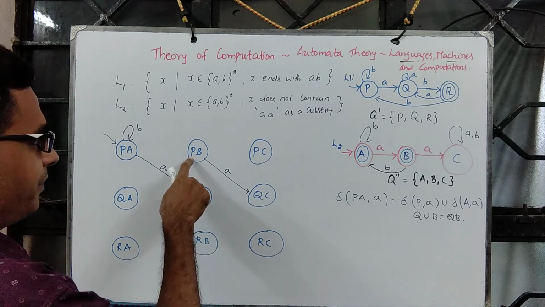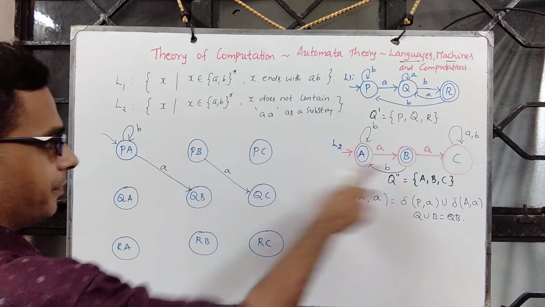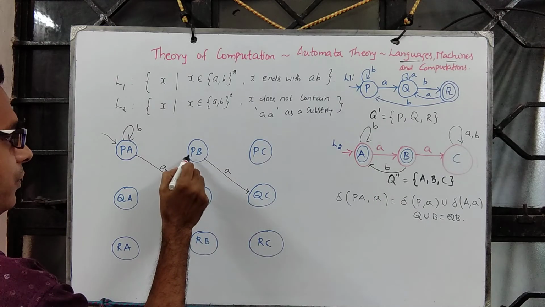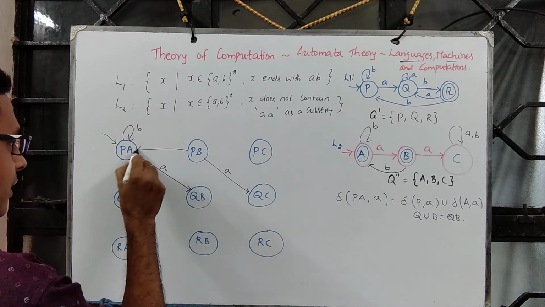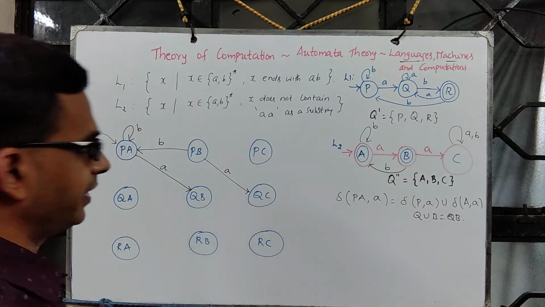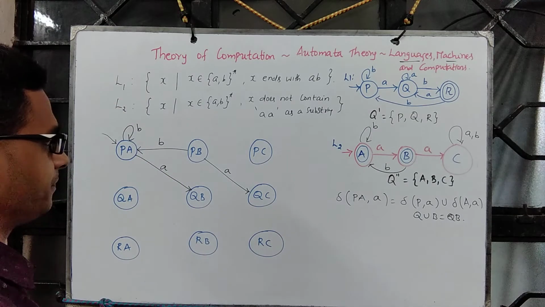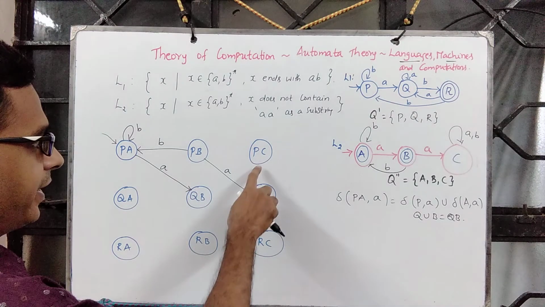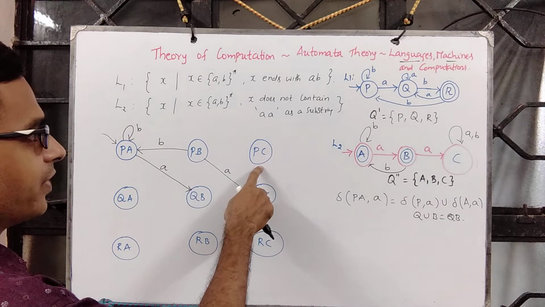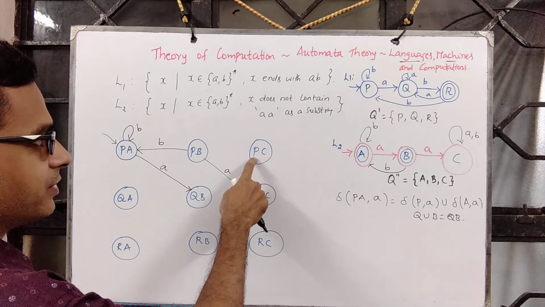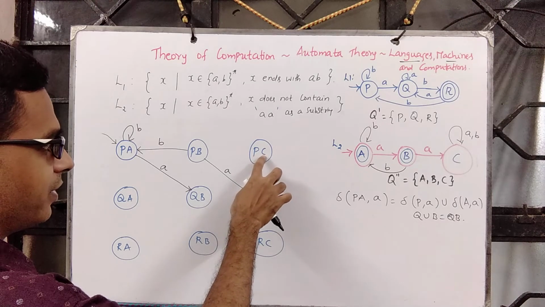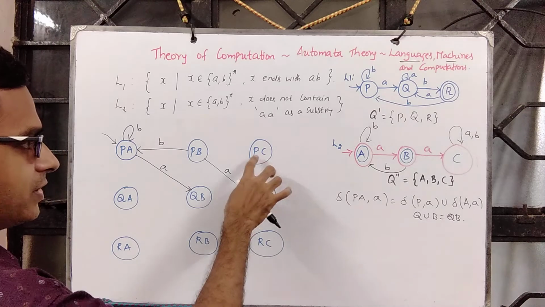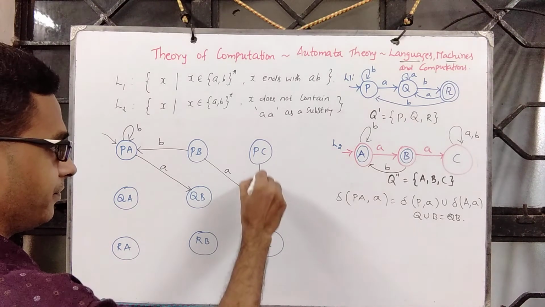Now P on B is P itself, B on B is A. So we should go to PA when we read a B at PB. Now with respect to this, both are done. Let's look at PC. P on A is Q, C on A is C, so which means it is QC.